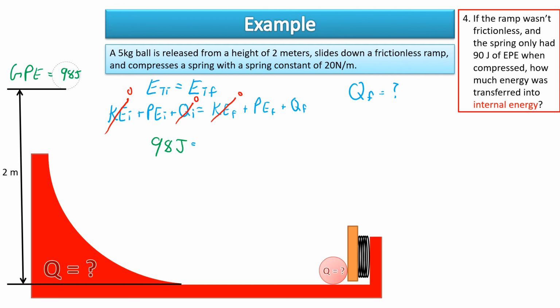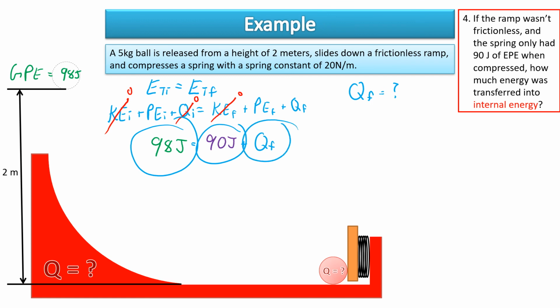All right, so there's 90 joules of potential energy at the end, plus whatever leftover internal energy there is. So this is what I was saying before with your gut. If you could visualize this maybe in a different way in your head, they're saying, well, I had 98 in the beginning. I know there's 90.